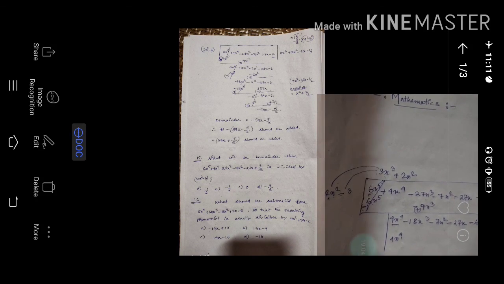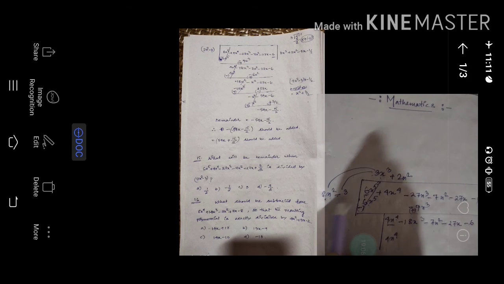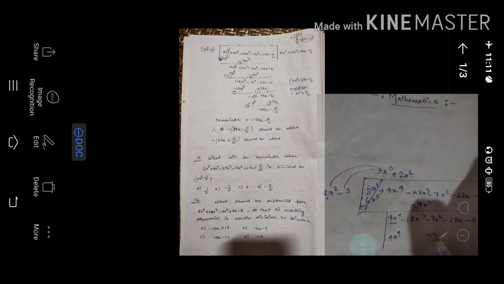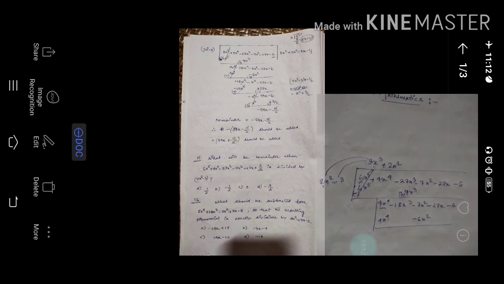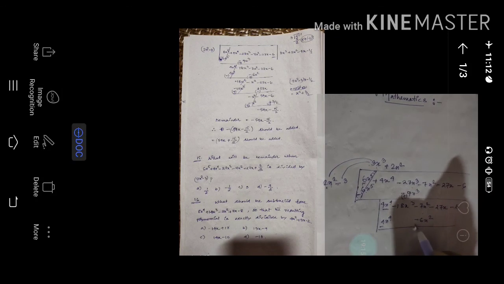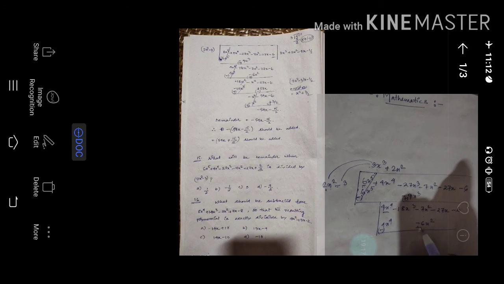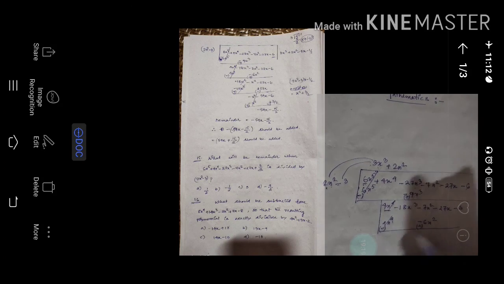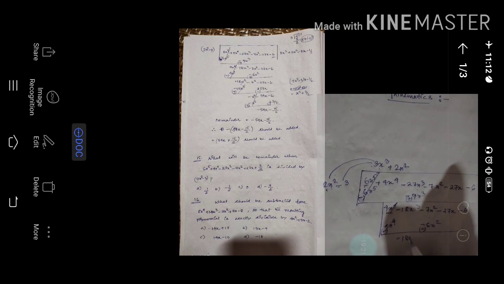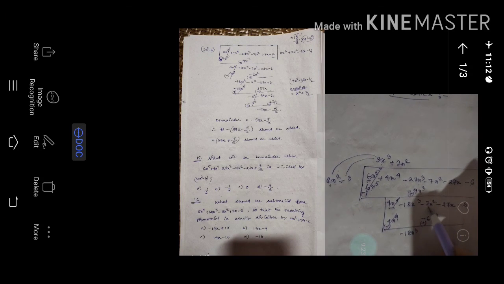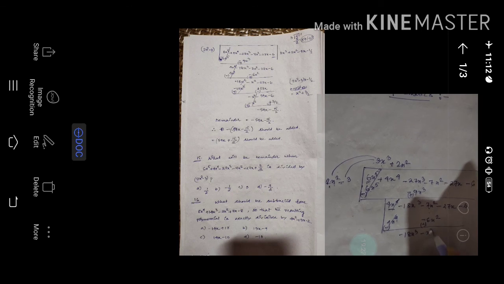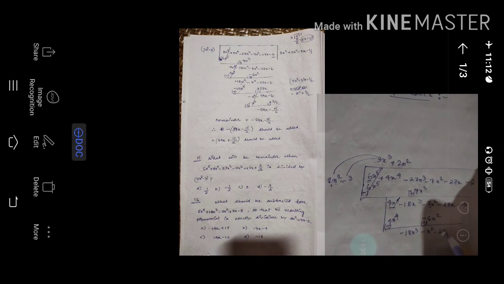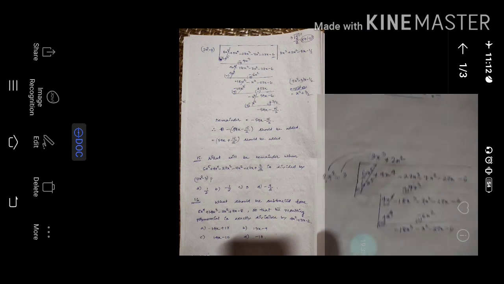So where the x square term is there, minus plus, so it will be minus 6x square. So this will again get cancelled, minus 18x cube. Minus 7x square plus 6x square, so minus x square, again minus 27x minus 6.